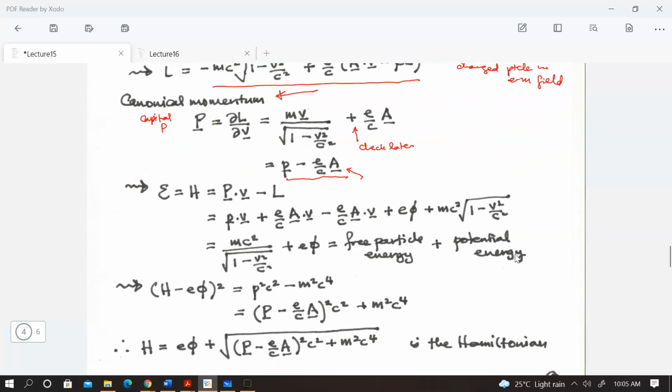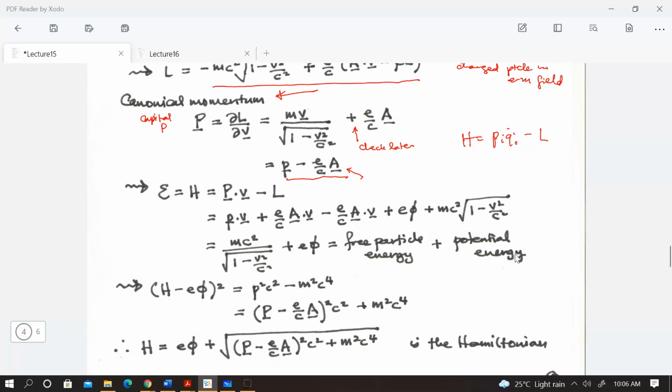Remember your Hamiltonian is given by P dot q dot minus L. So this will give you capital P dot V minus L. So P dot V gives you the three-dimensional old momenta, the small p dot V, and then you have this modification factor given by that. Now it becomes a plus. I'm getting trouble with this.